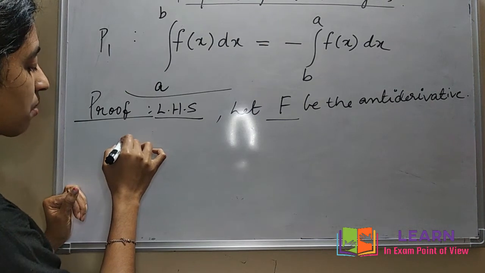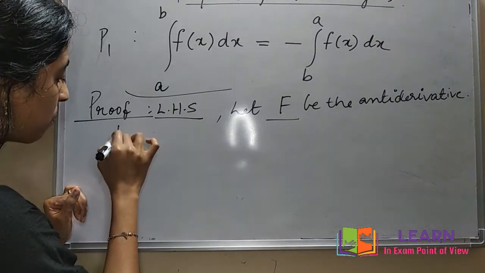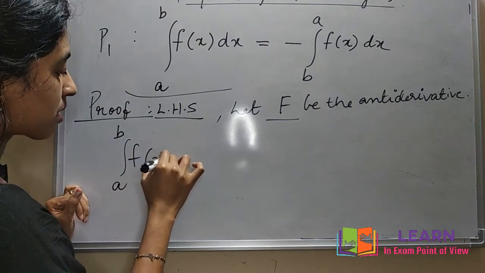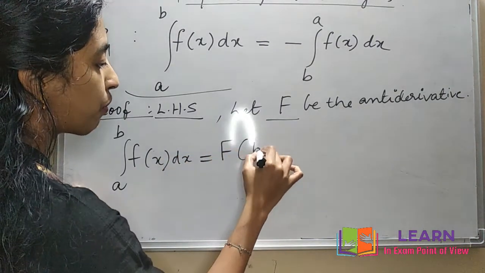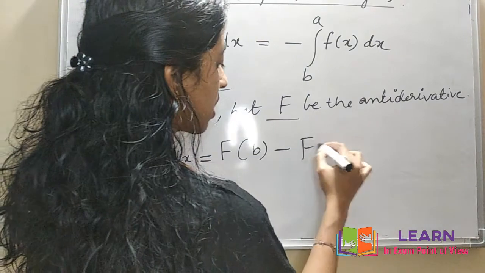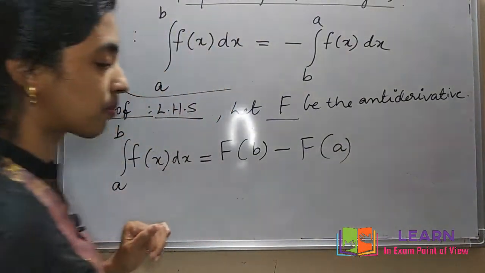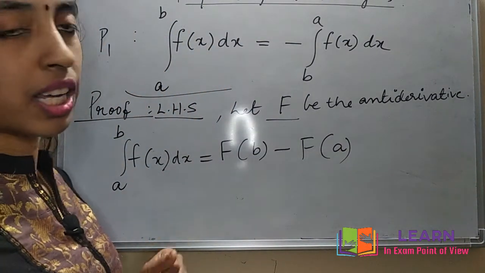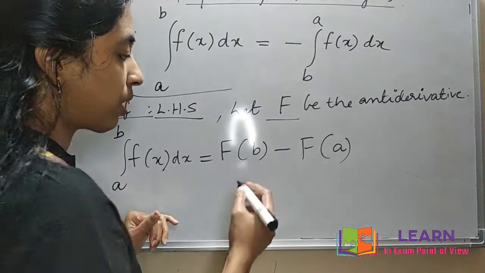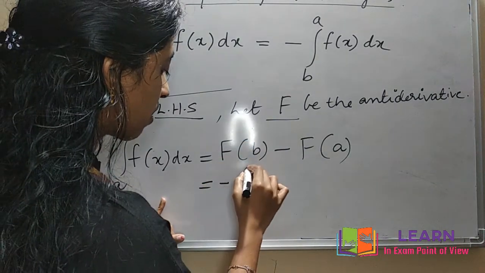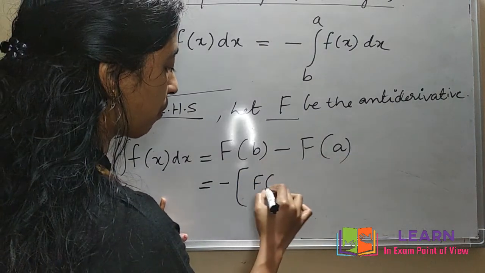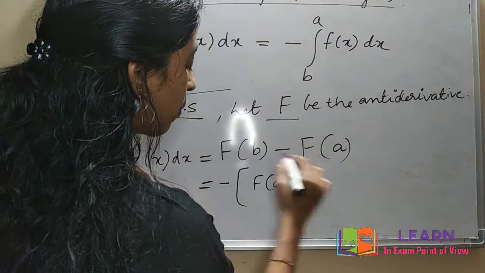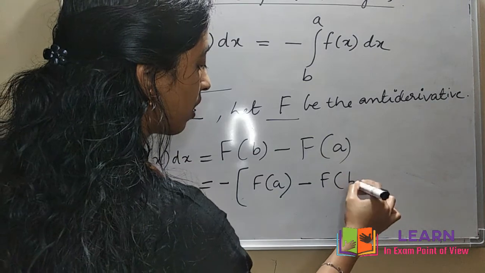So LHS, integral a to b f of x dx, can be written as capital F of upper limit minus lower limit. If we take a negative sign outside from this, then this will become positive: F of a will become positive, F of b will become negative.